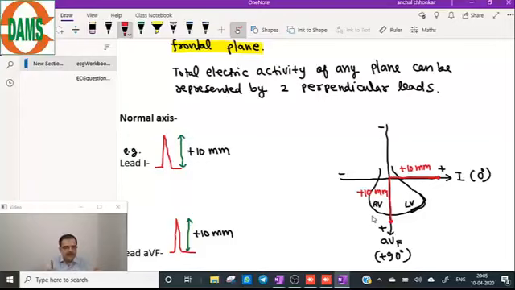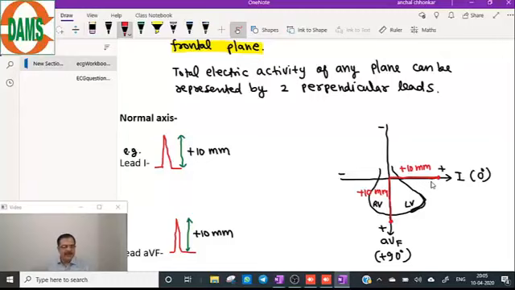Take a scale and draw a line of QRS amplitude in lead 1, that is plus 10 mm, and draw a line of 10 mm in AVF. Remember, plus 10 mm of AVF will be towards the positive pole, and plus 10 mm of lead 1 will be towards the positive pole.